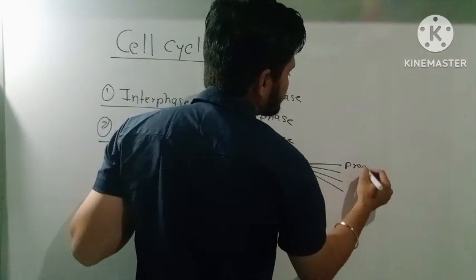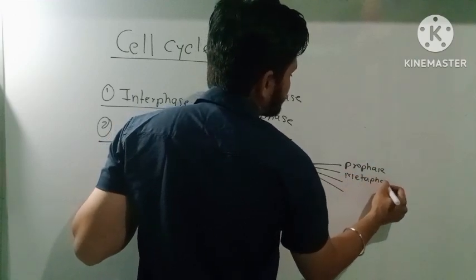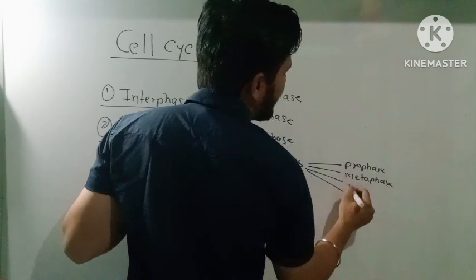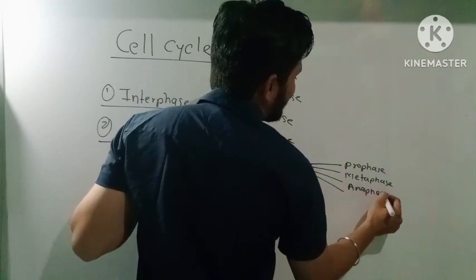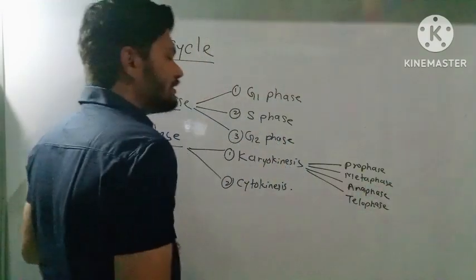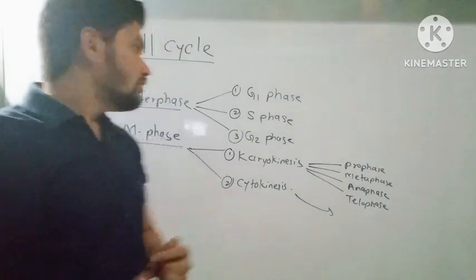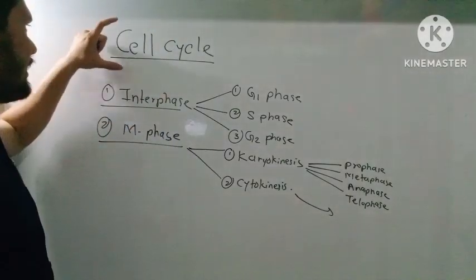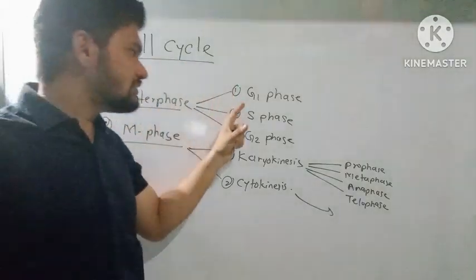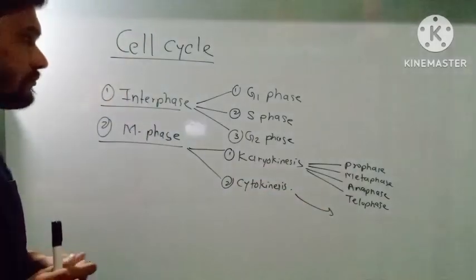First is prophase, second is metaphase, third is anaphase, sorry, my bad, and fourth is telophase. And cytokinesis is the division of the cytoplasm. So we can divide the whole cell cycle into these two phases: interphase and M phase. Interphase into these three: G1, S, and G2, and M phase into karyokinesis and cytokinesis.